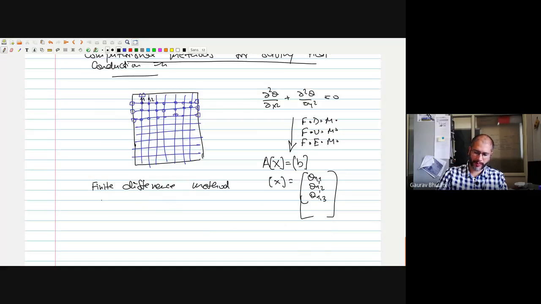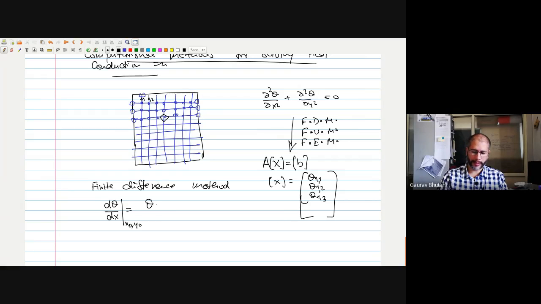The idea is that if you have just a first derivative, d theta by dx, and I want to find it at this point, I'll call it at some x naught and y naught. Then I take one point forward and one point backward.